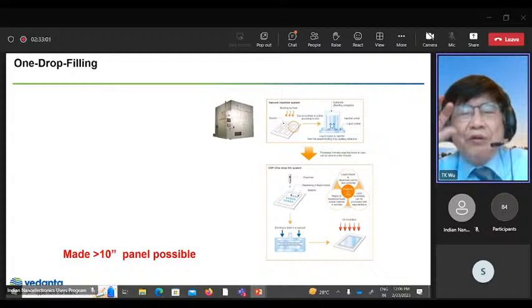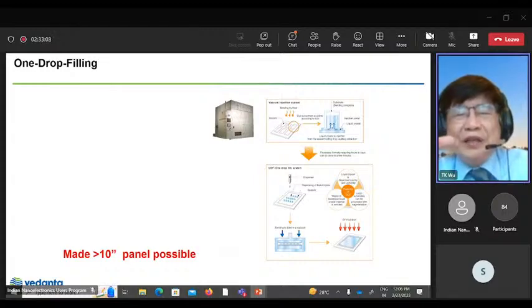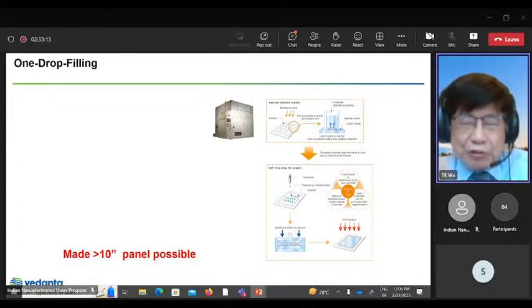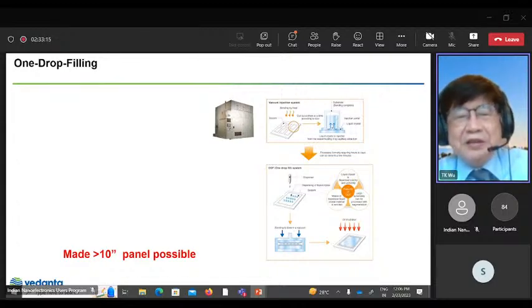Another one is that when we use UV to cure the resin, the UV radiation will destroy the molecules of the liquid crystal, because when we cure it, the liquid crystal is already there. So we have to redesign the liquid crystal material.